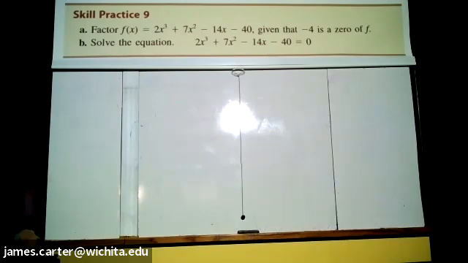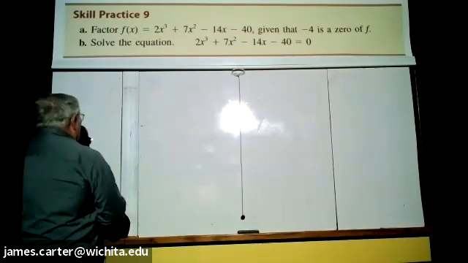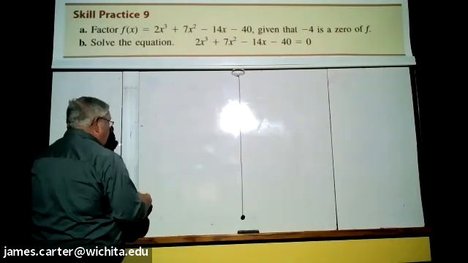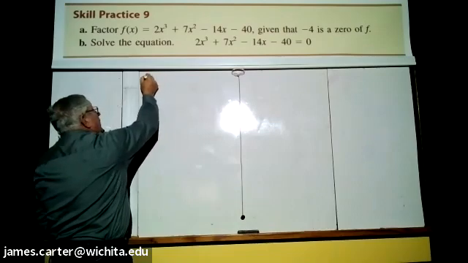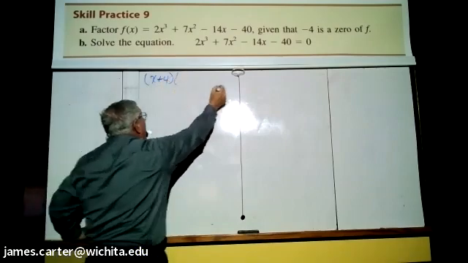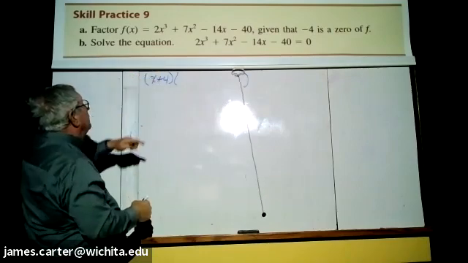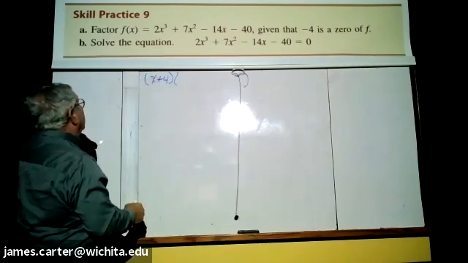Okay, here's another one. Notice what the instructions are. Factor it. Well, the way we're going to factor it is we're going to try -4. What they're checking to see is they're speculating x plus 4 times something, factoring out that.